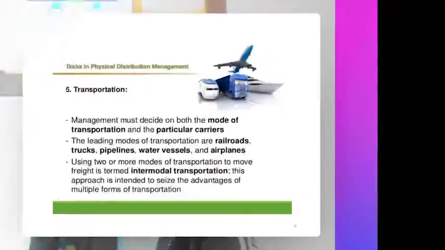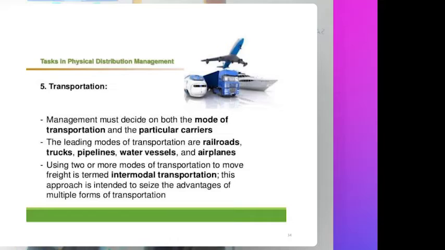Transportation. Being transporters, this is also a very important component of physical distribution, whereby you decide on the type of transportation depending on the quantity, the distance and the product you are carrying. You could use a bicycle, a motorcycle, or a three-wheeler, tricycle.